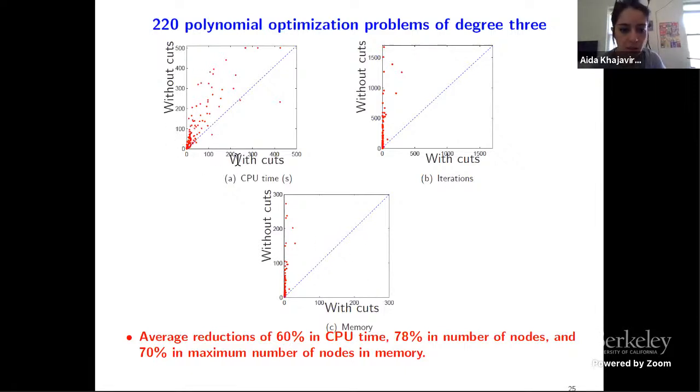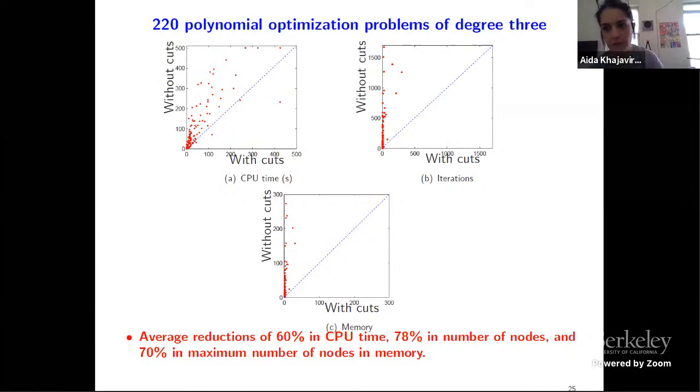You can see with cuts on the horizontal axis and without cuts on the vertical axis, you get about 50% reduction in CPU time, which is pretty good because the solver is already very well developed, so there are a ton of things going on there. This is for polynomial optimization problems of degree 3.